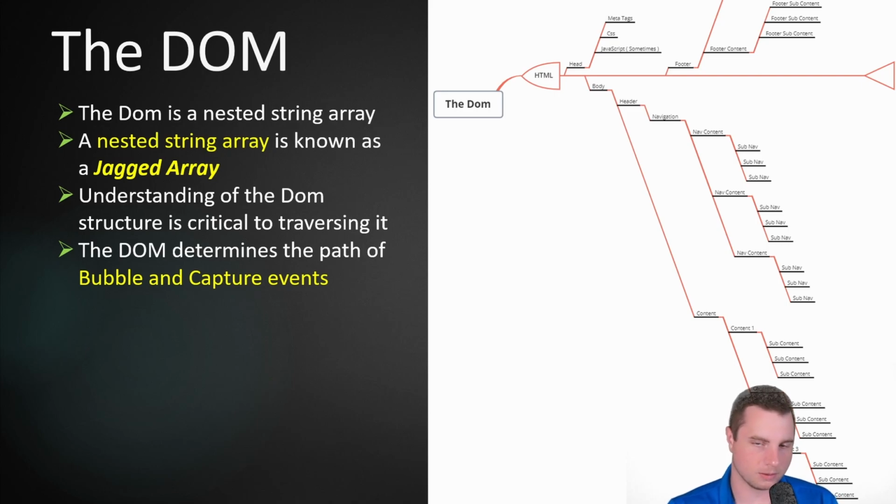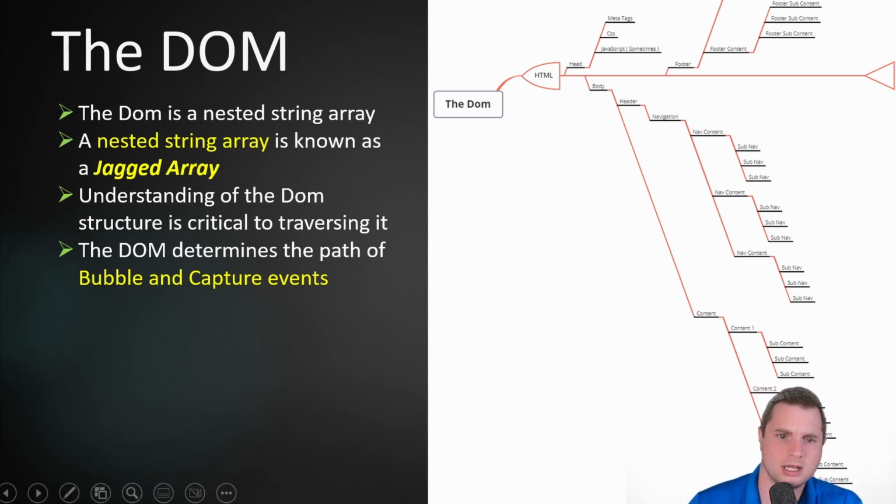Okay, so before we get into how that actually worked, we need to talk about the DOM. The DOM, better known as a nested string array or a jagged array, depending on who you're talking to, is a logical way of storing these tags, okay?